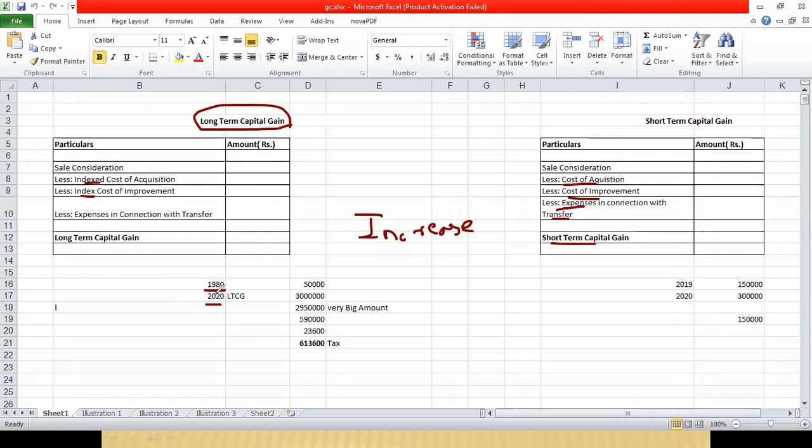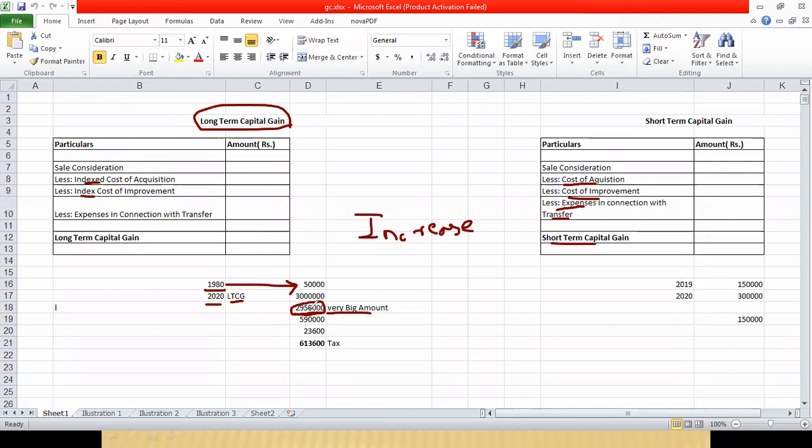In 1980 the cost was less compared to 2020, so you cannot compare this 50,000 and 30 lakhs. The gain will be 29 lakh 50,000, which is a very big amount.